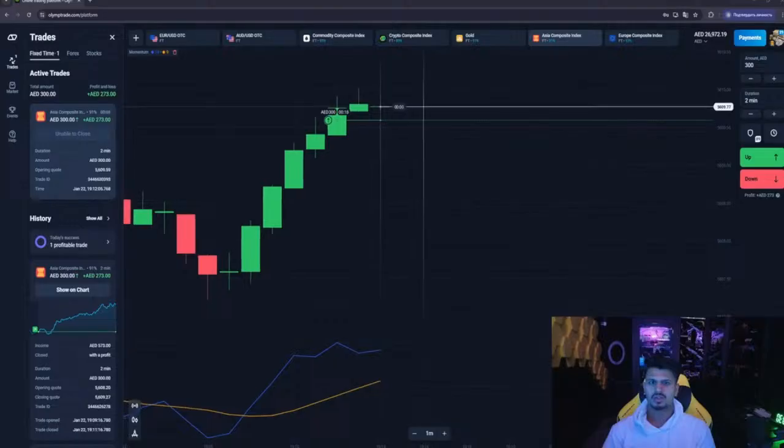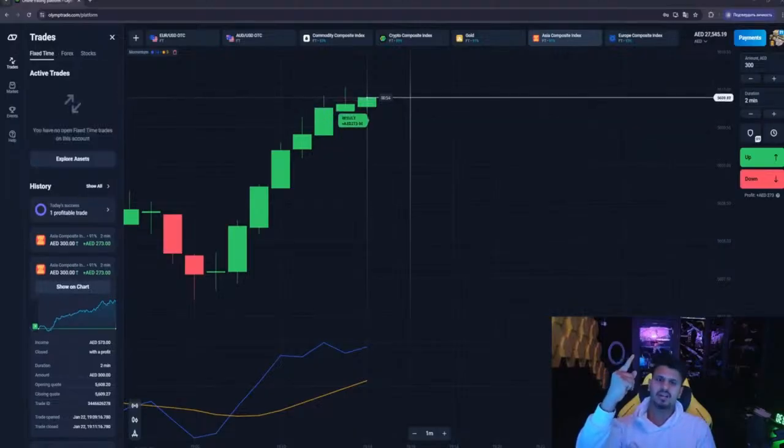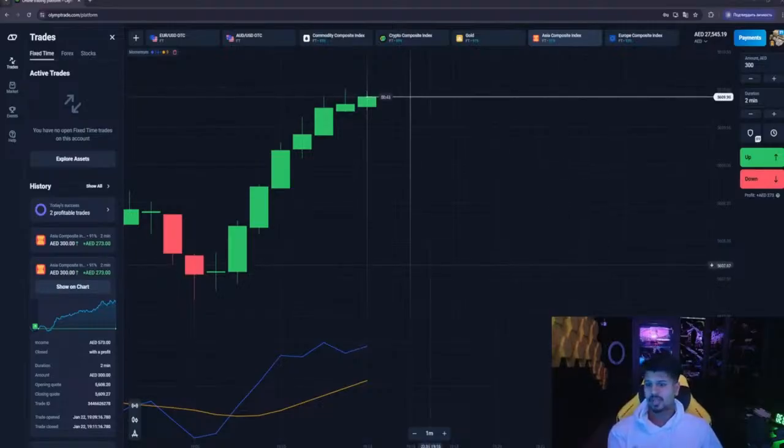Only 3, 2, 1, and it's done. So guys, the second profitable trade is done, completely successful, two continuous trades completely successful, and still it's trying to move in the upper direction. I made 300, 300, two times in the profitable direction.